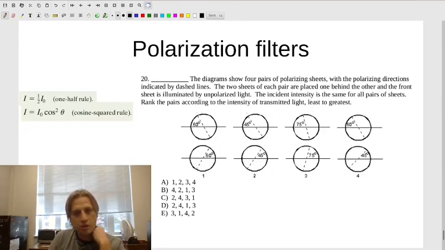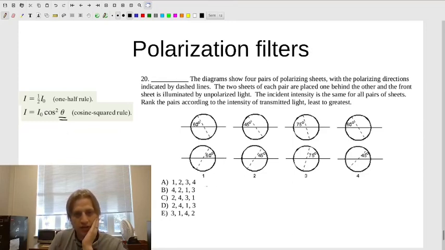Okay, so remember what happens here. After the light goes through the first polarizer, then the second polarizer, this angle that we worry about is relative to the angle of the first polarizer.